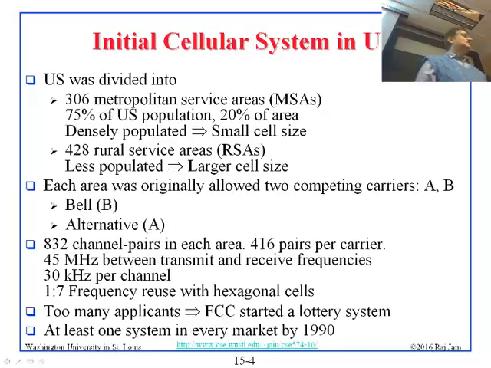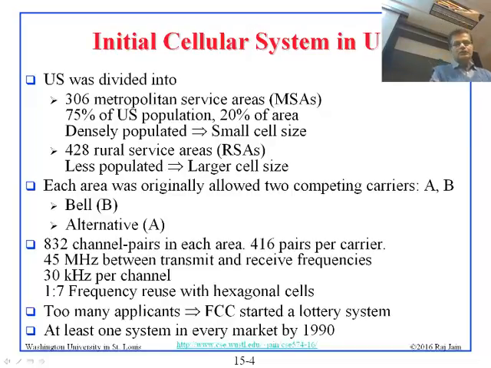And so for 64 kilobit voice, they needed 30 kilohertz going down, 30 kilohertz going up, so that is channel pair. And they cannot use the same frequency for receive and transmit, so they had basically two frequencies, one for down, one for up, 45 megahertz apart. Okay, so they are far away so that the antennas will not get confused.